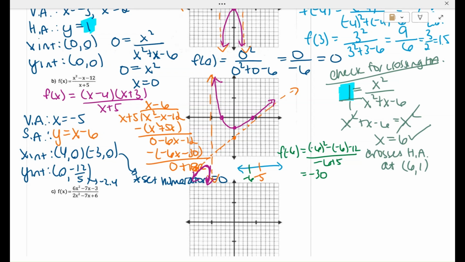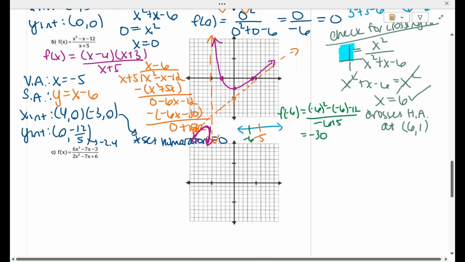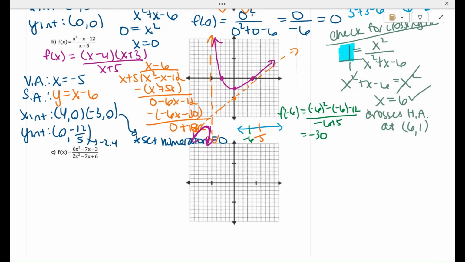Just like we check to see if the graph crosses the horizontal asymptote, we do have to check to see if it crosses the slant asymptote as well. So to do this, you actually just set the slant asymptote equal to the rational function. So we have to do that as well, just to make sure. So over here, sorry guys, there's a lot of work involved here, but we got to have a little more space.